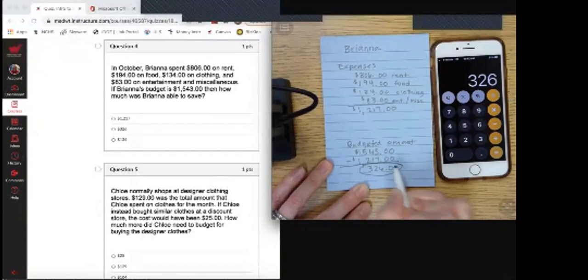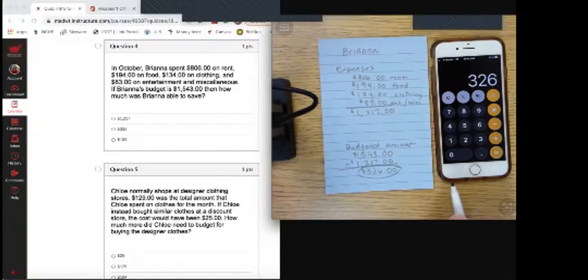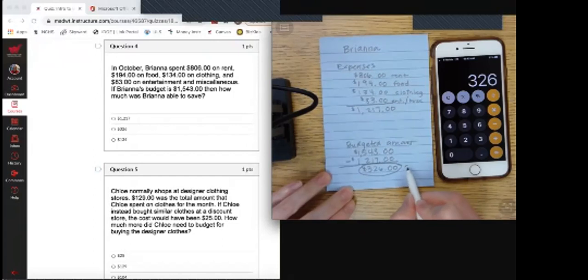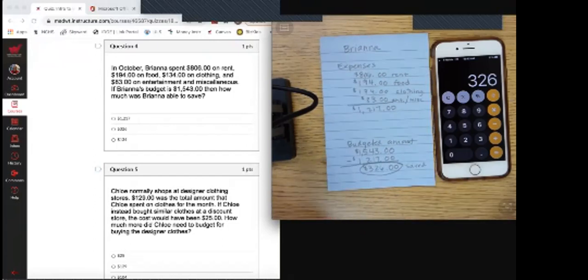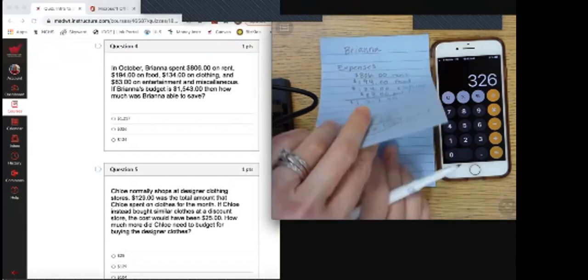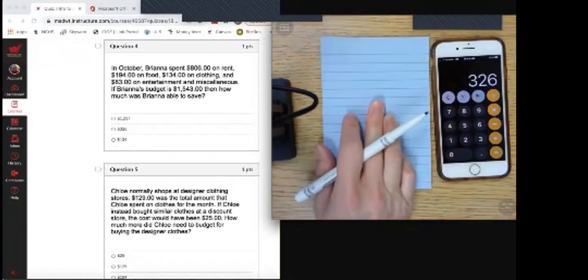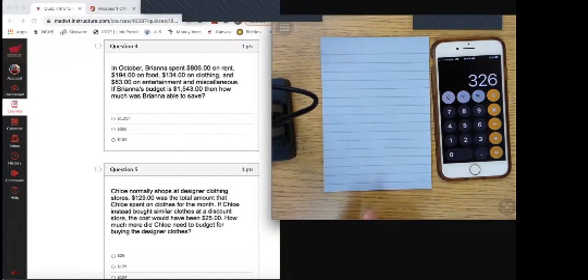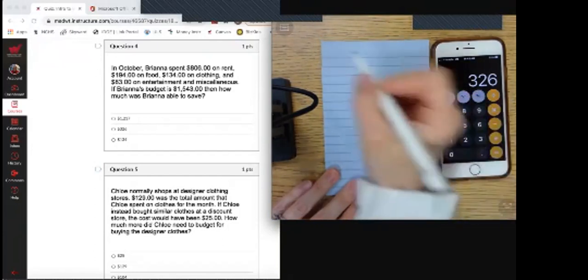So she was able to save $326. So when you have that extra money, you can put it into savings or in an emergency fund. Okay. Next, we have Chloe.